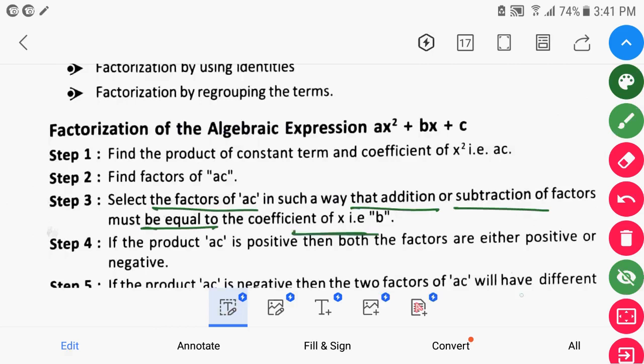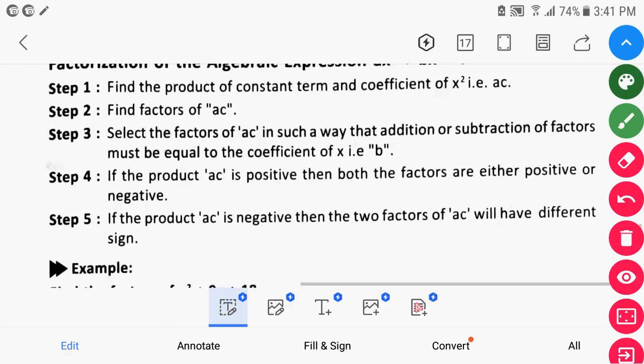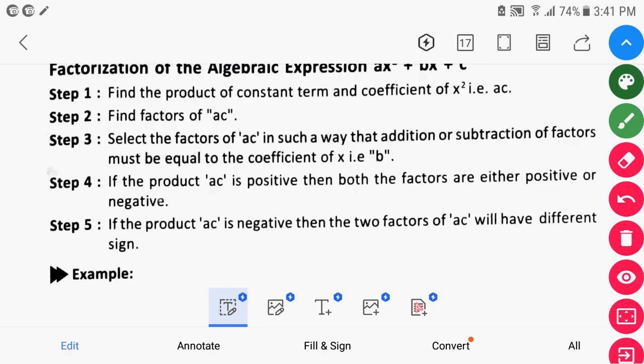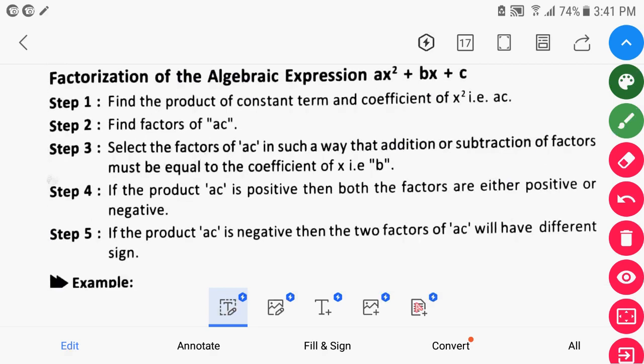Now, if the coefficient of x is negative, then the factors can be both negative numbers or either one negative.